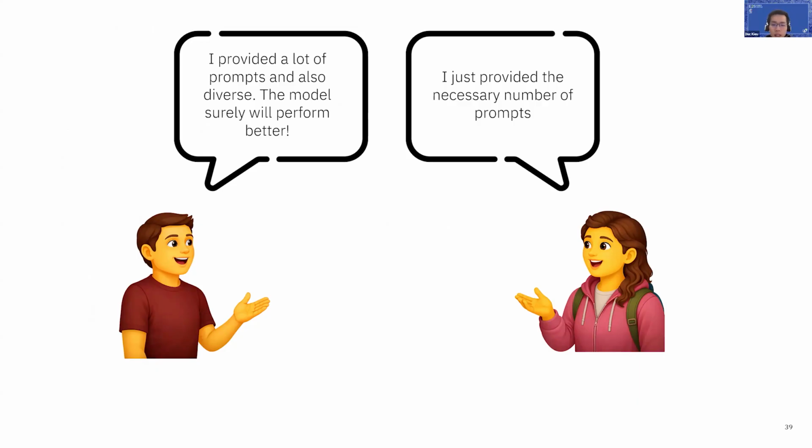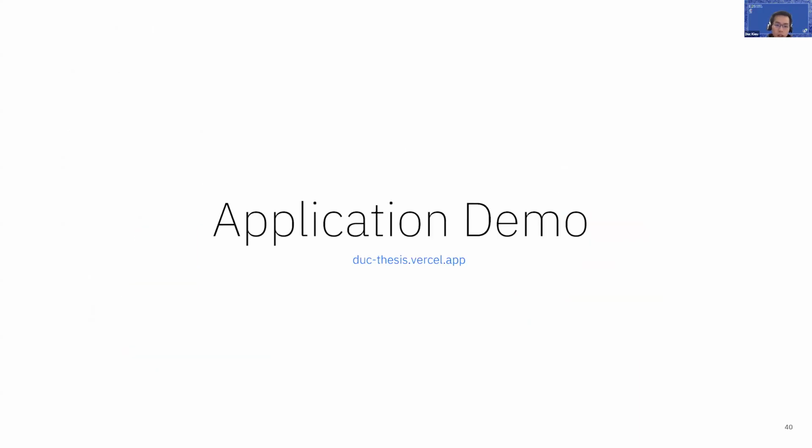Other friends said, I think I will just provide the minimal number of prompts because it doesn't matter how many prompts you provide, the result would be the same. To answer this assumption, I created an application to collect actual clicks from actual users.